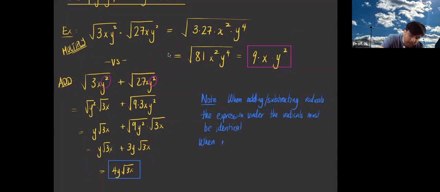When multiplying radicals, the expressions underneath the radical can be multiplied to one another.